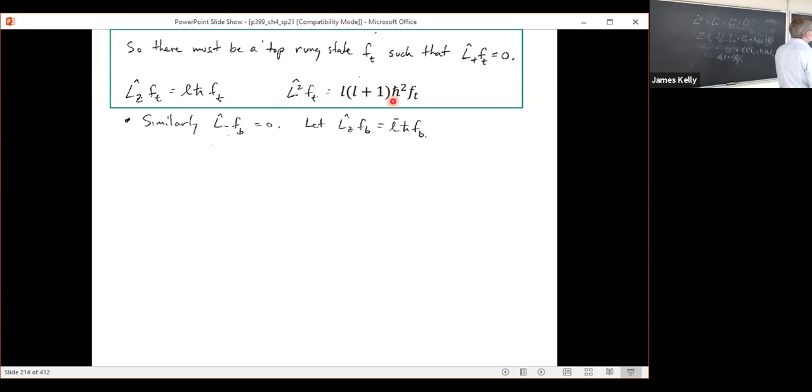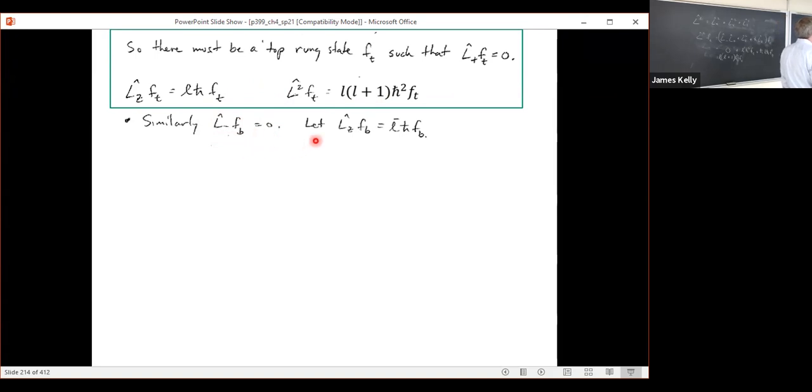There's a similar argument for the bottom rung. There's got to be a point where if I keep going down and making Lz smaller and smaller, then Lz is going to be more negative than the L squared would allow it to be. Therefore, there's also got to be a bottom rung state such that when I apply L minus to it I get 0.